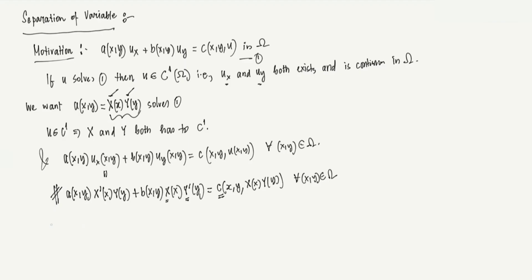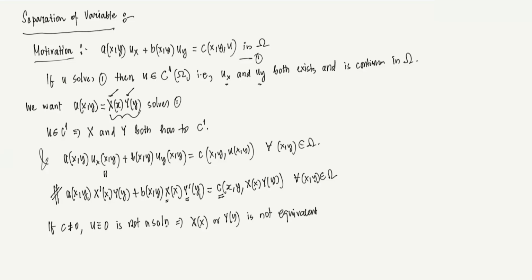See, if c is not 0, of course, u equals 0 does not satisfy the equation. u equals 0 is not a solution. So what does that imply? It implies that X(x) or Y(y) is not equivalent to 0, right?